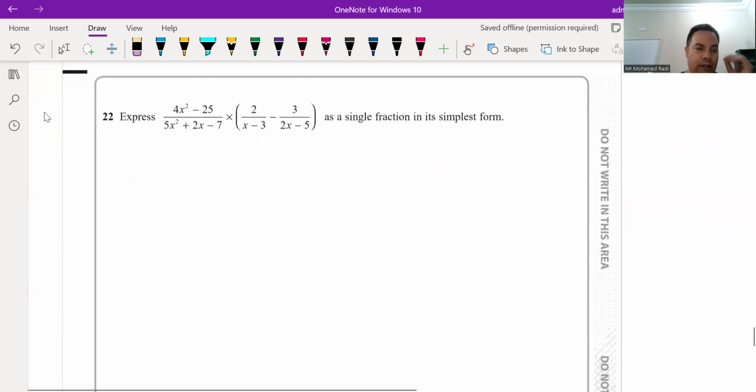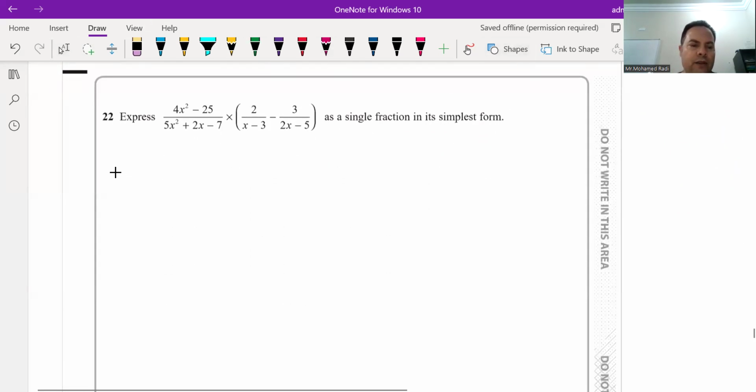Express. When I ask to express, for the first part, you have to factorize completely each part. Remember how to factorize the difference between two squares, how to factorize any expression as a trinomial, as a common factor. Let's start with the first part.